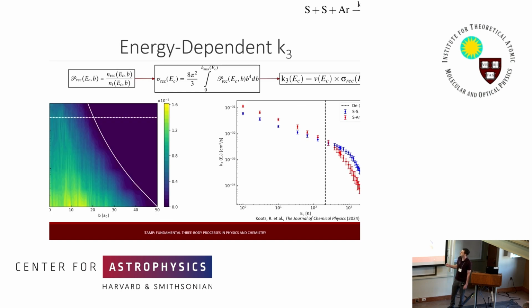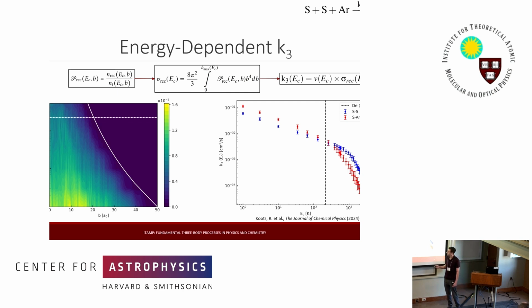Okay, so here are some results. On the left, we have the opacity function as a function of the collision energy and the impact parameter. And so we see that we can populate this space under this curve, which gives us the maximum impact parameters for our system.